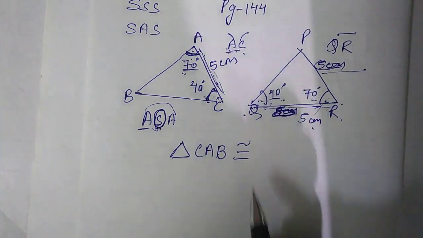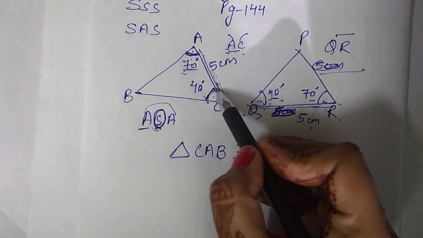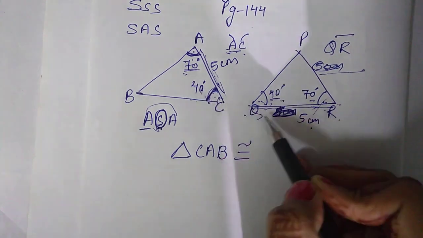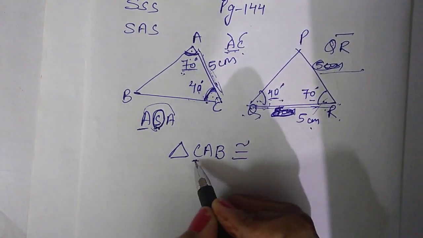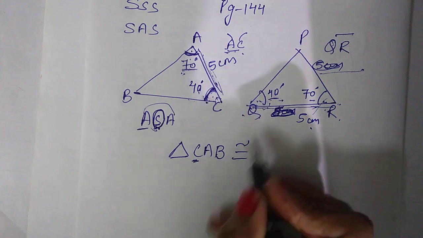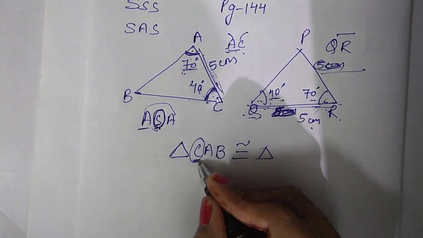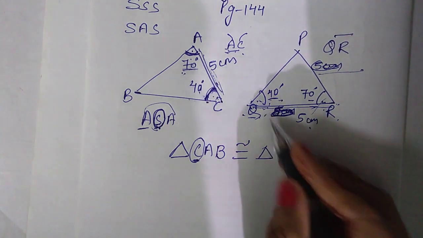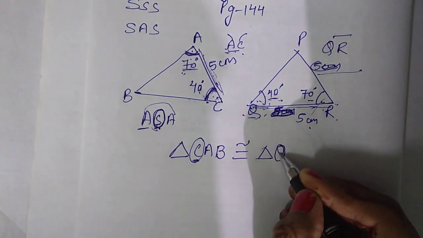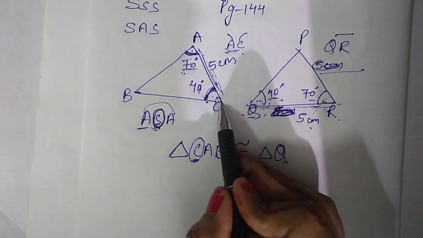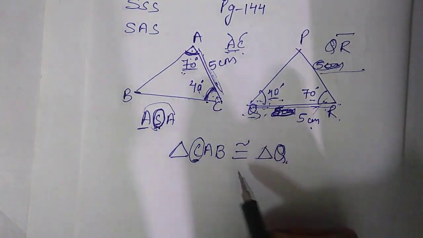So first I will fix the position of the angles. Angle C, that is 40 degrees, is equal to angle Q. So in place of C there we must have angle Q. Here we have C at first position, so corresponding to this we must have Q, because C is equal to Q, so their positions must be the same.